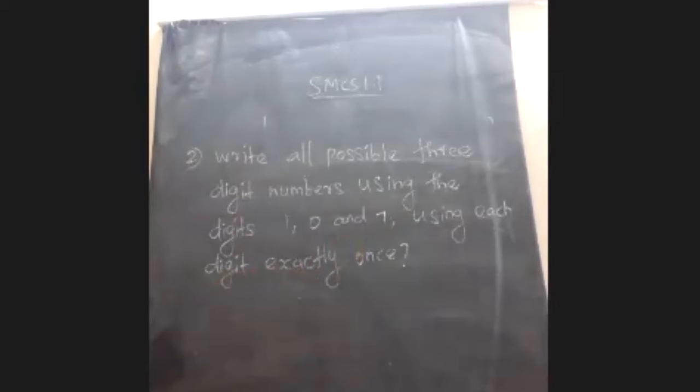Yes, start to find the answer. Write all possible 3-digit numbers using the digits 1, 0 and 7 using each digit exactly once.